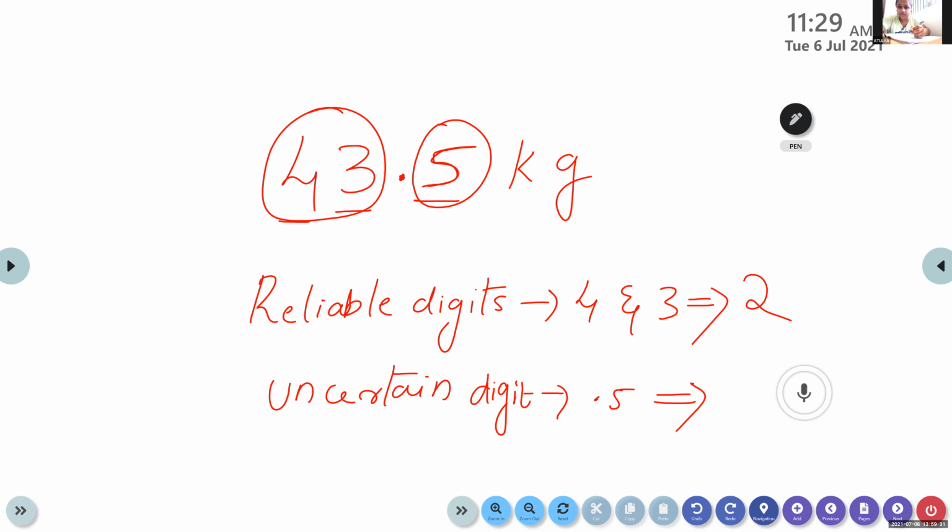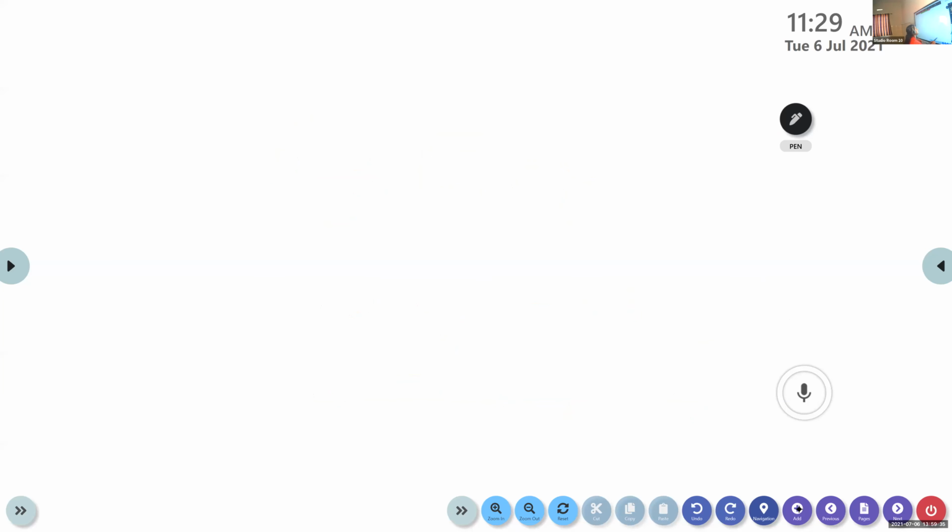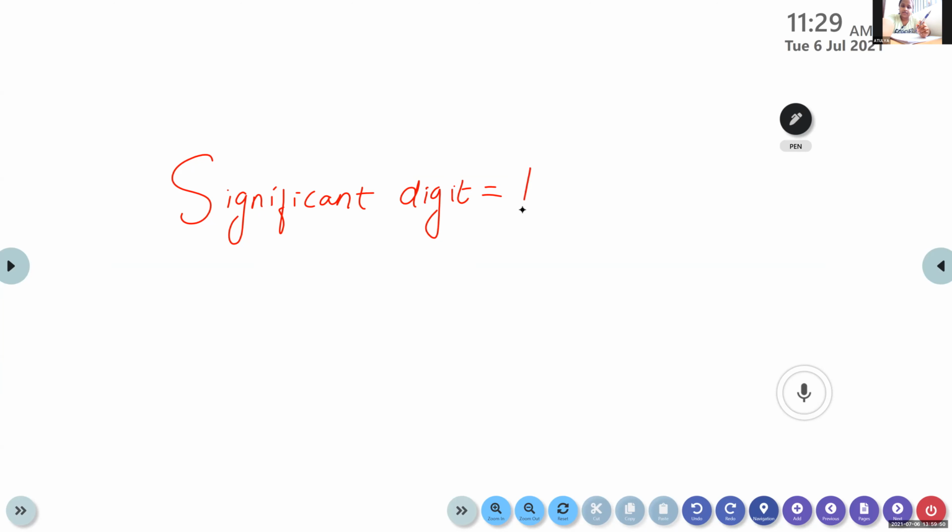1. And what is the equation for calculating the significant figure or digit? Significant figure is equal to reliable digit plus uncertain digit.